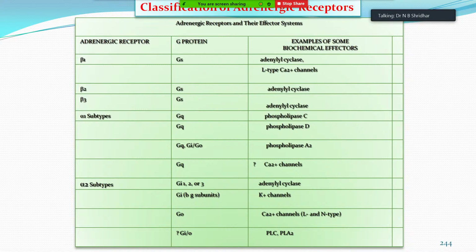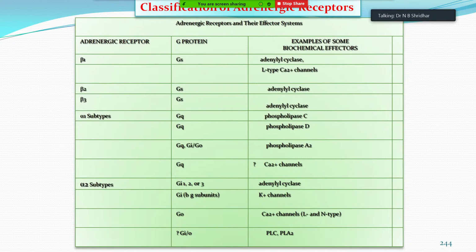Whereas the alpha subtypes, alpha 1 receptors, are combined with the Gq type, sometimes Gi or Go type, and usually these are combined with a variety of enzymes, especially phospholipase C, phospholipase D, phospholipase A2, and also the calcium channels.